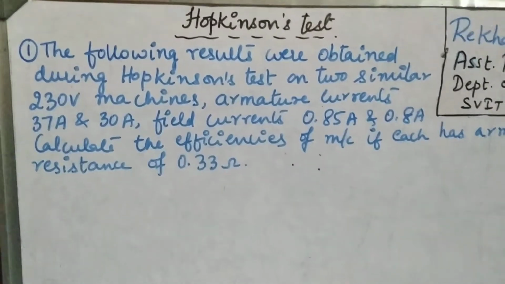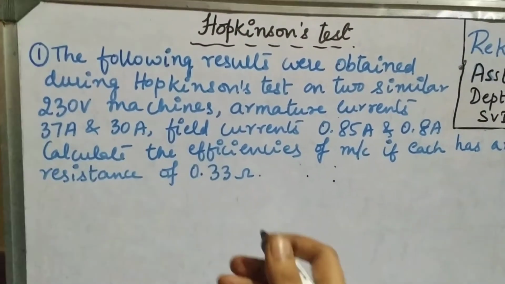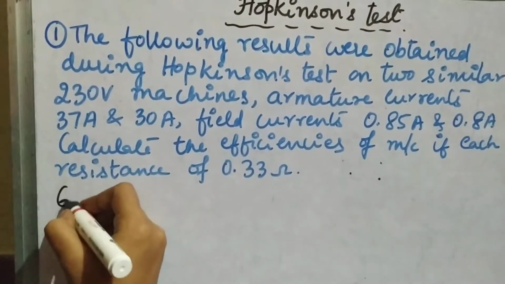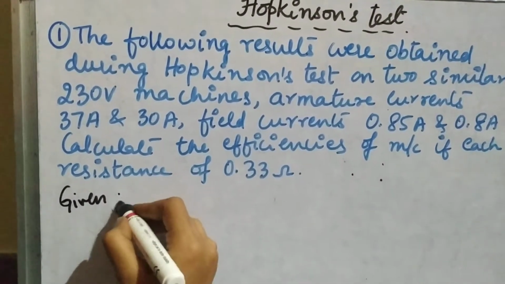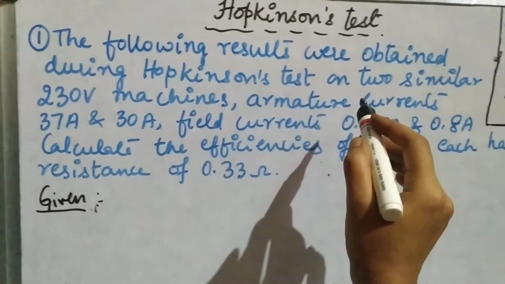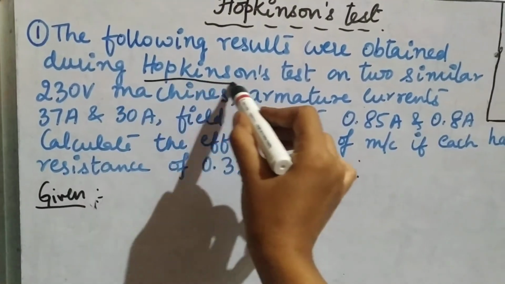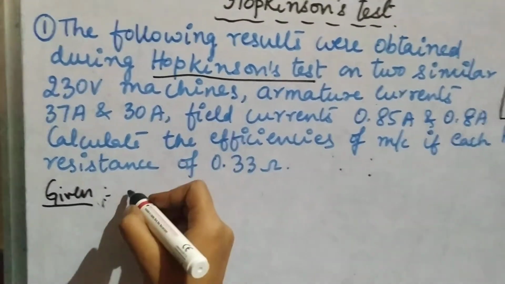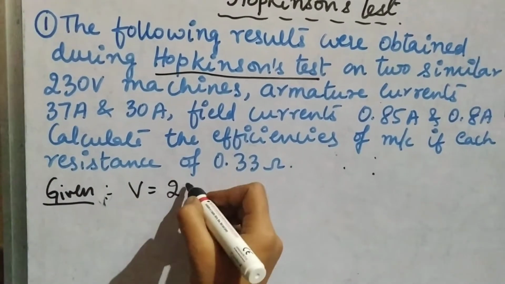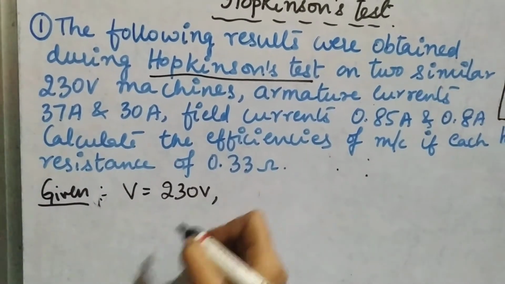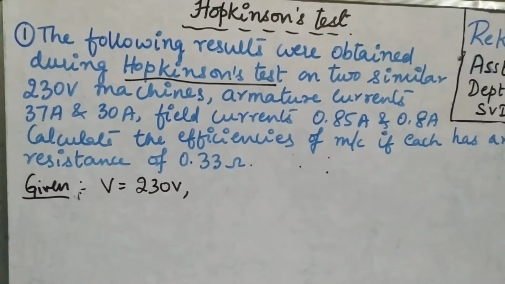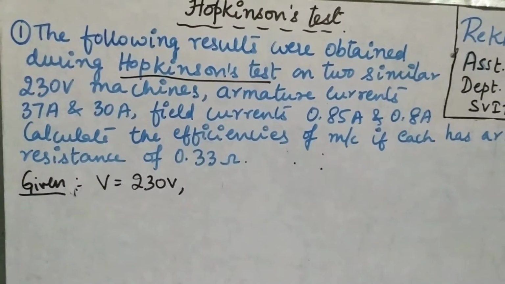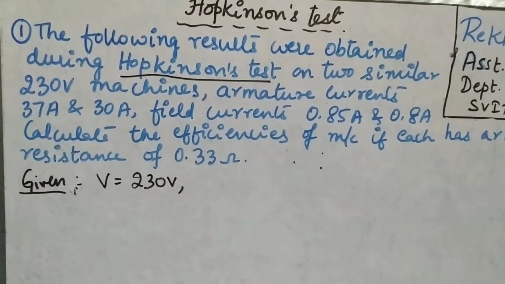Okay, so they have given the values, the given data. As this is the Hopkinson's test, the supply voltage is 230 volts. And the armature currents. Usually a Hopkinson's test means you have to think about the motor generator setup.